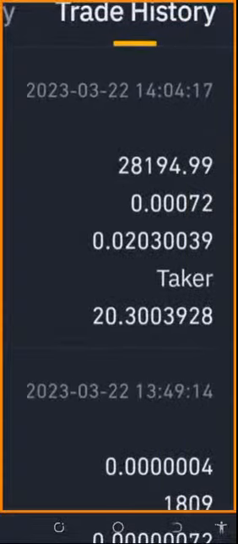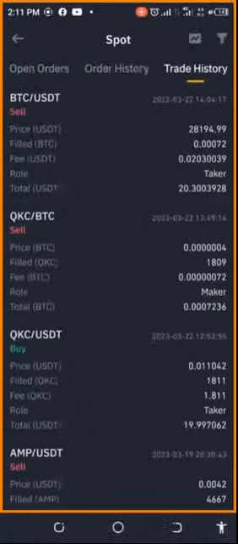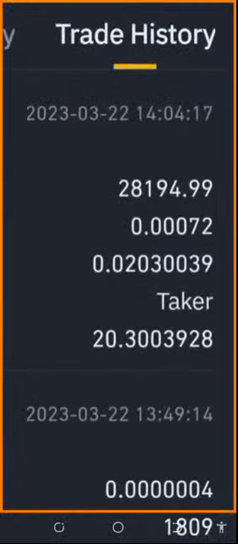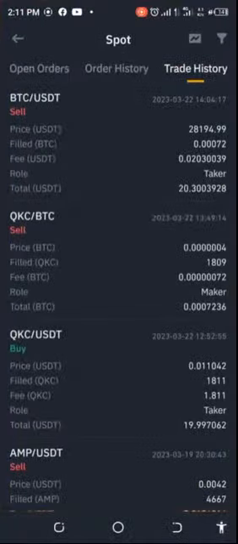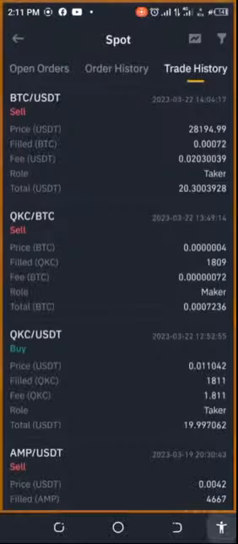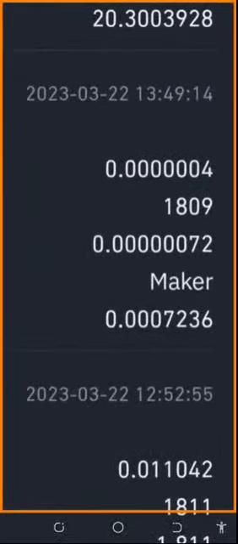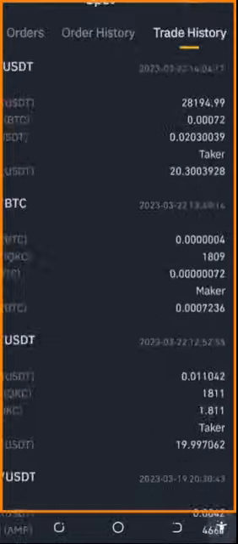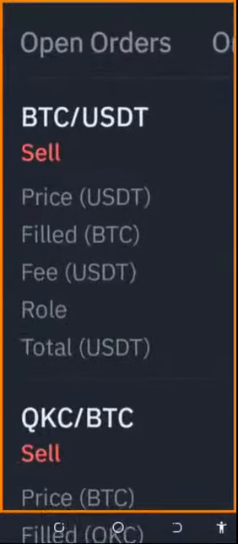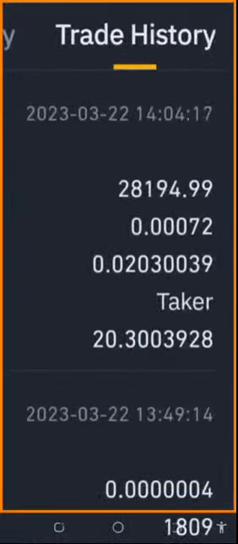Interesting. We got 20.30. But don't forget that they will take out fees. I'm just wondering why... okay, yeah, that's the truth. We had 20.30 here, but don't forget that in the process we actually paid fees for QKC BTC. Did we? Yes, we did pay a fee, that's the amount of fees, as you can see there, 0.000072. We also paid a USDT fee here, about 2 cents.